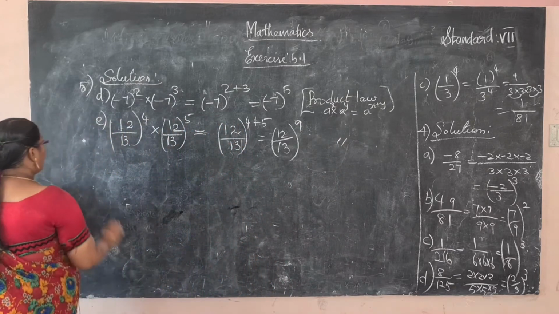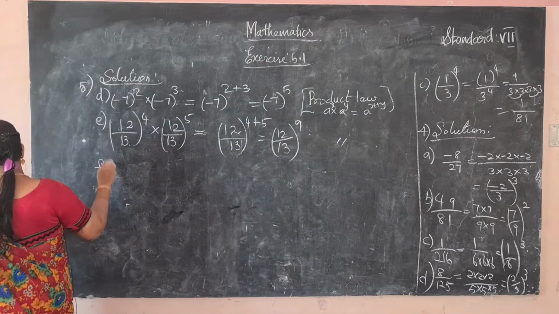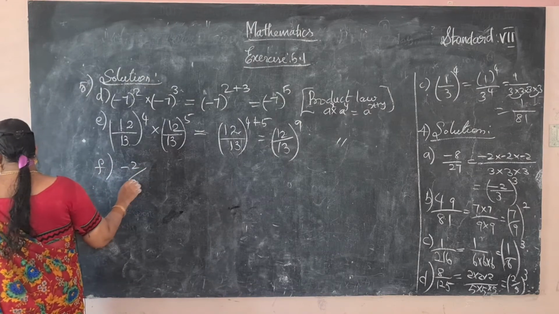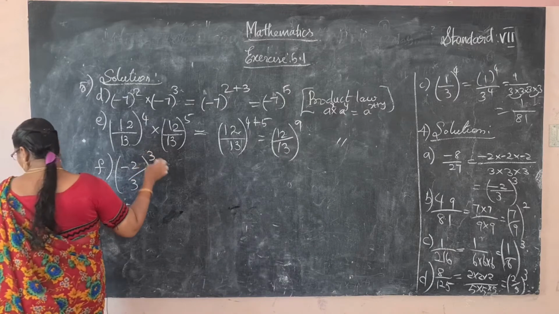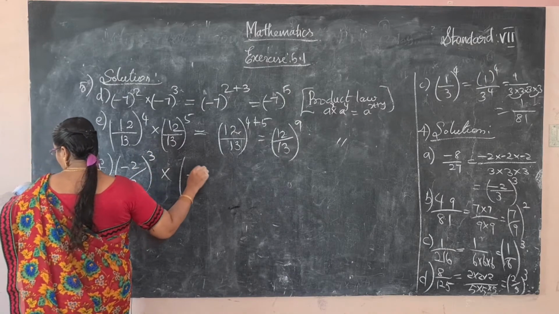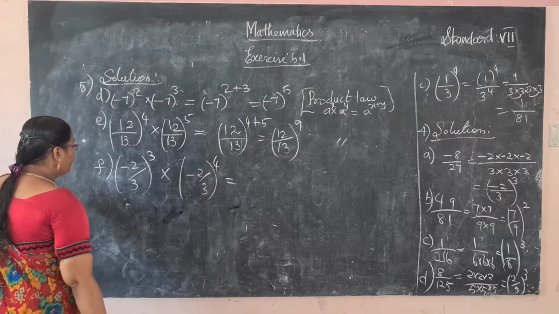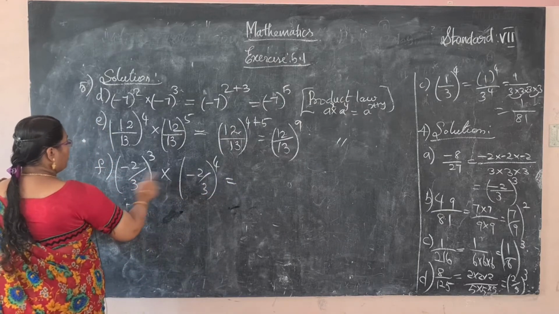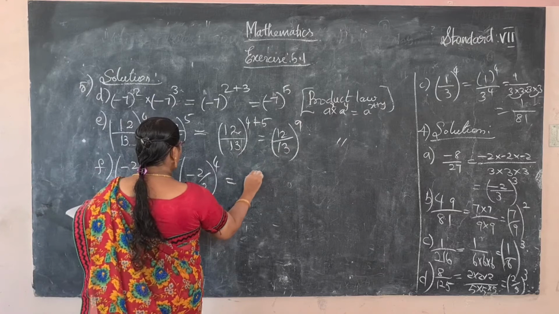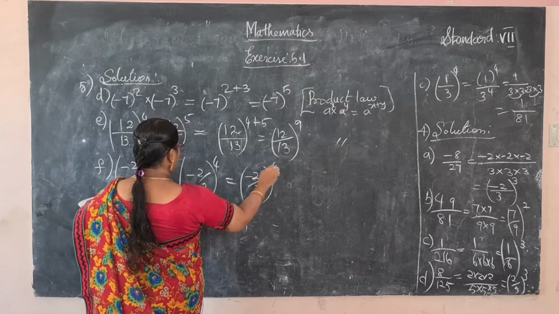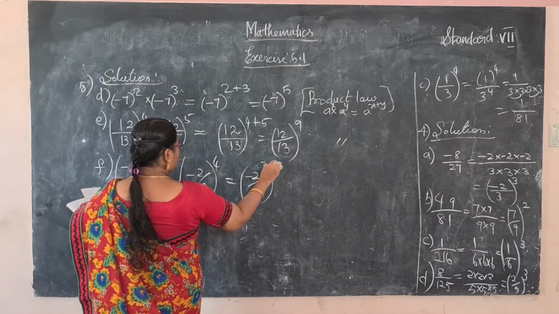Okay. Right. And next one, minus 2 by 3 the power of 3 into minus 2 by 3 the power 4. So the bases are same, the powers will be added. So minus 2 by 3 the power 3 plus 4.